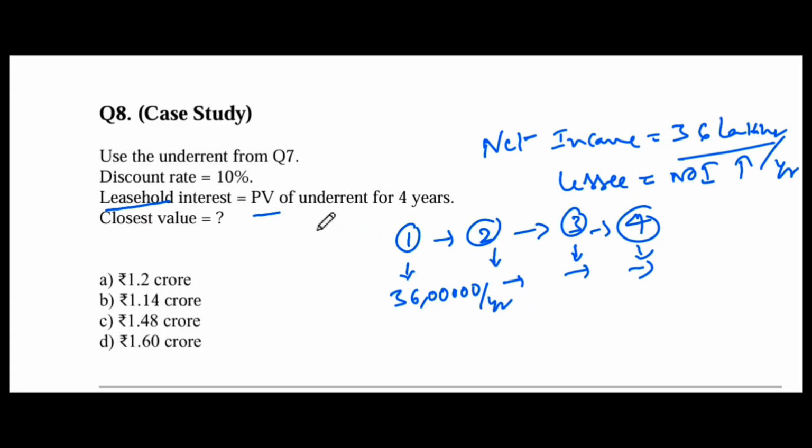What is the present worth of the leasehold interest? Not property, it is the interest of the leaseholder. How much worth is it for him? Anticipating income of 36 lakhs rupees every year continuously without any interruption for 4 years.